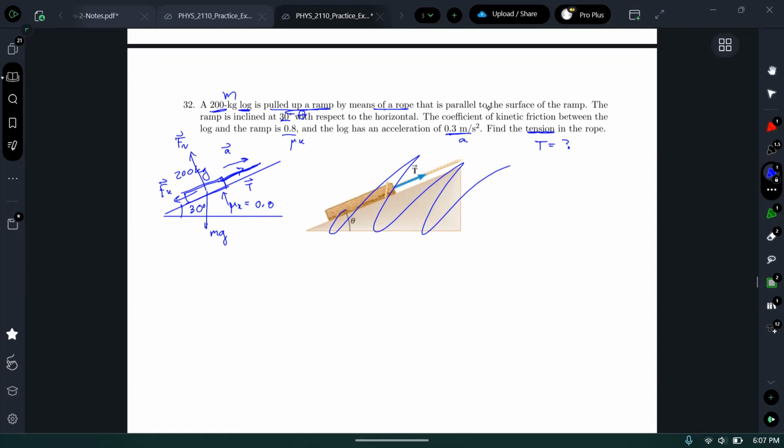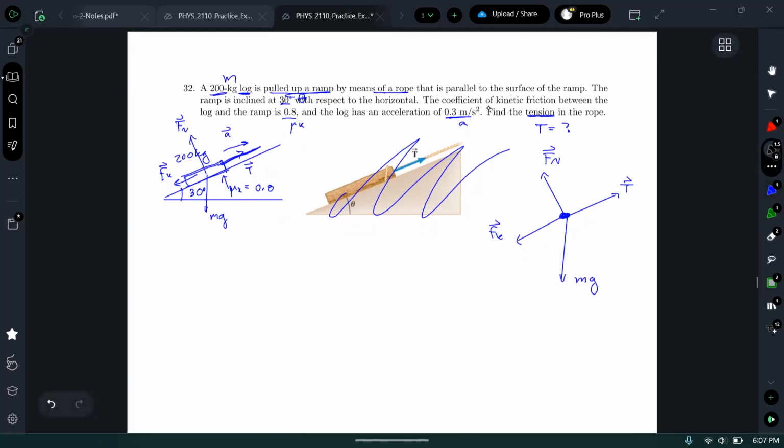So the next step is replace the log with the dot, redraw all my forces on it. I've got tension, kinetic friction, normal force, and weight. I choose convenient axes, which is the ones that require the least components to be found.